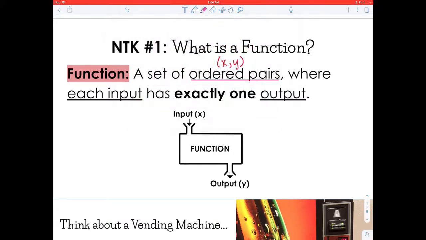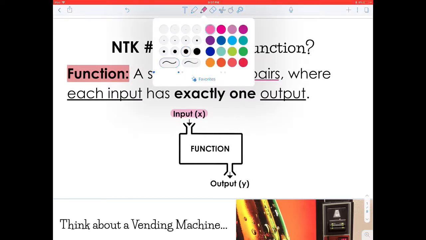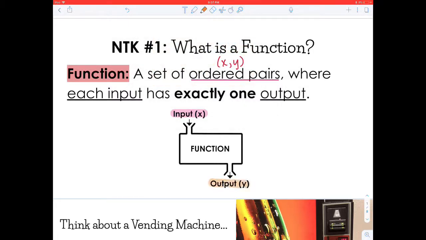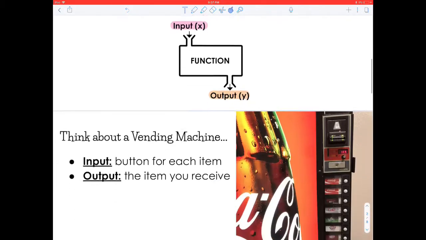Okay, so if we look at this example here, I'm going to input an x into some sort of function. You can think of this as a machine right now. And what we will get out is our output, which is y. Okay, so let's think of a vending machine.